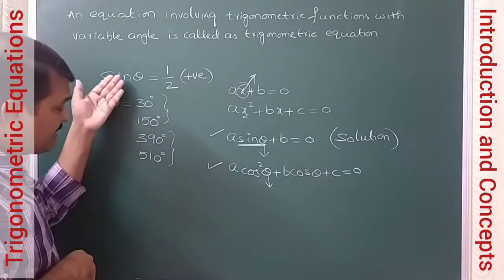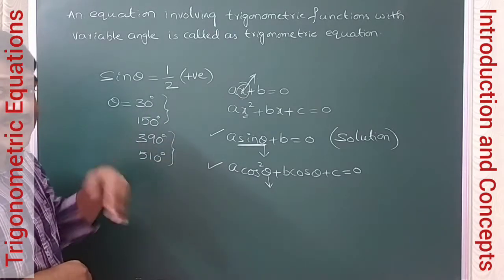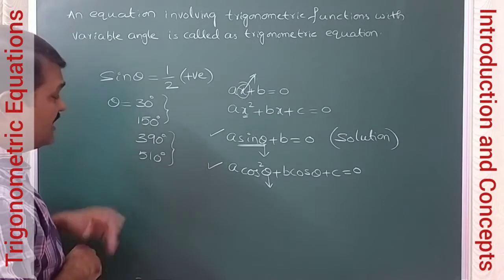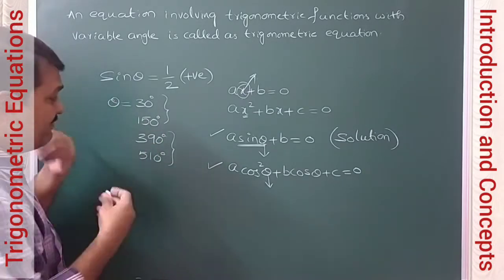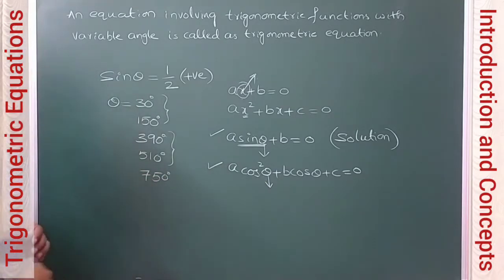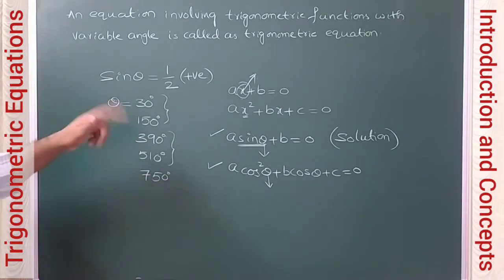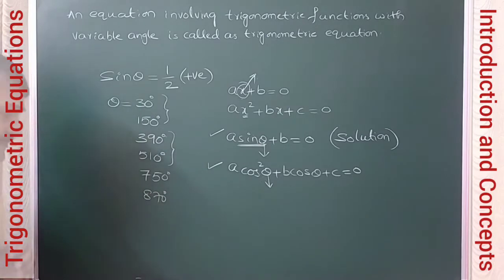Actually the function is a cyclic function, so again you add 360 and that also satisfies the equation. So 390 plus 360, that means 750, also satisfies the equation. 510 degrees plus 360, that means 870, also satisfies the equation.